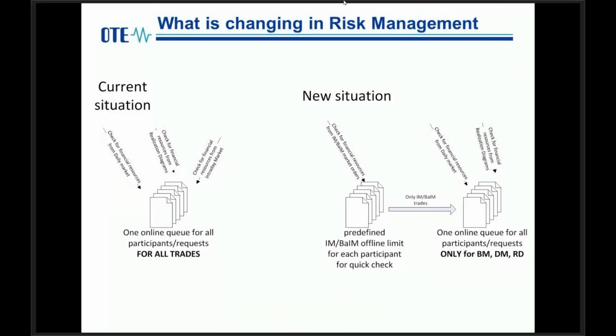So, next. What are the changes concerning the financial security? Under the current situation, all the financial security is calculated based on the queue for all participants, for all trades.